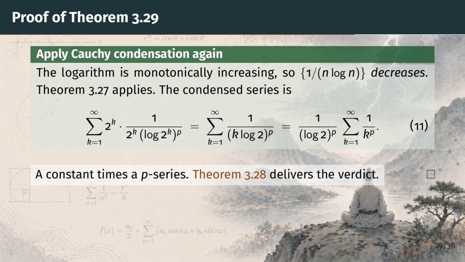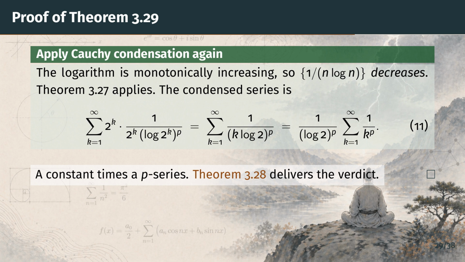The proof is one line of algebra. The logarithm is increasing, so its reciprocal is decreasing, and the whole sequence 1 over n log n decreases, so Cauchy condensation applies. Plug in a sub 2 to the k equals 1 over 2 to the k times log of 2 to the k to the p power.